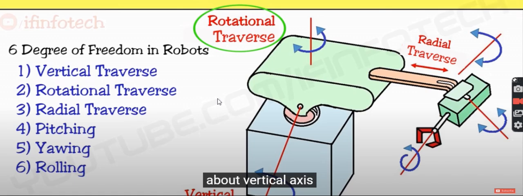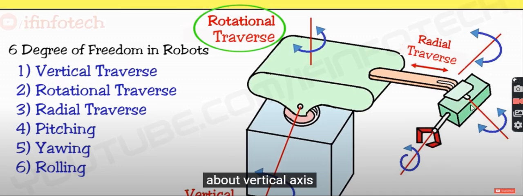When you want to define a robot, you can see that vertical axis rotation is present on the base. So rotational traverse happens with respect to the vertical line, shown as the red line. Radial traverse happens as indicated by the red line.